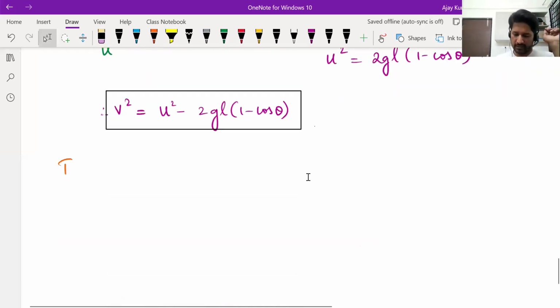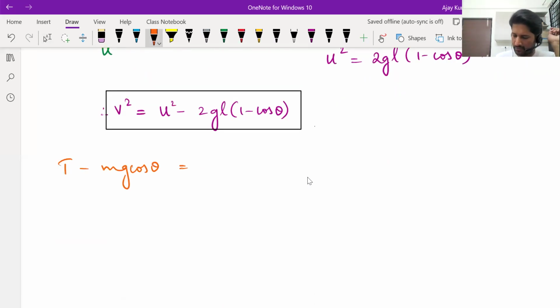Net force towards the center will then be T minus mg cos theta, and you equate that to m v square by r. r in this case is L. Therefore, T becomes mg cos theta plus m v square by L.